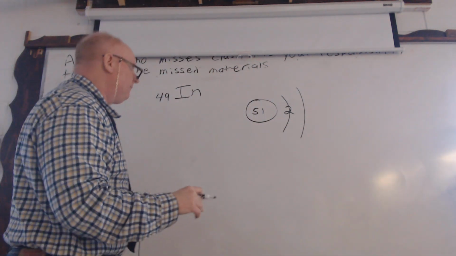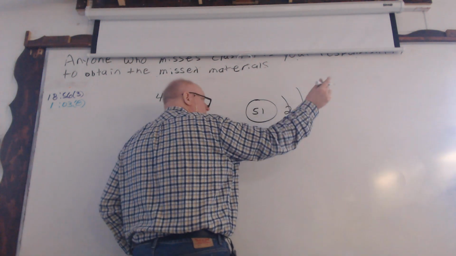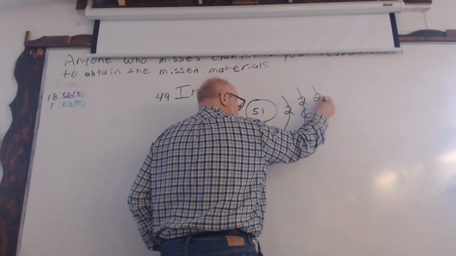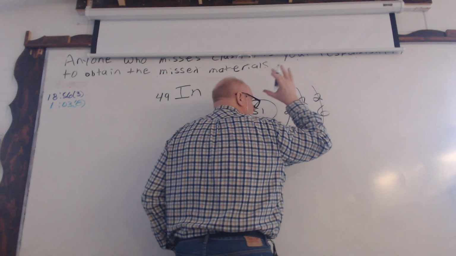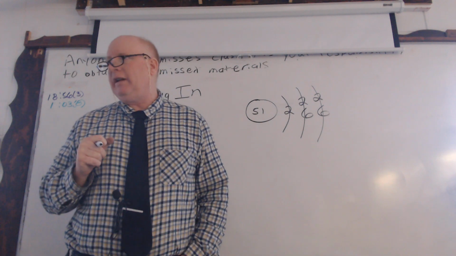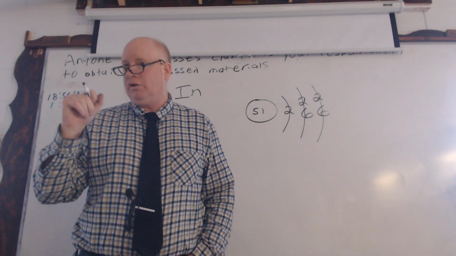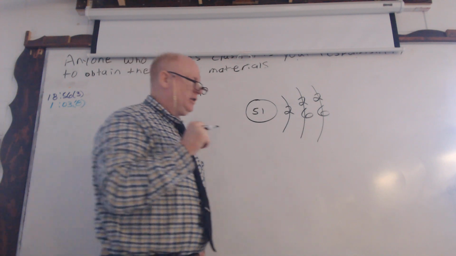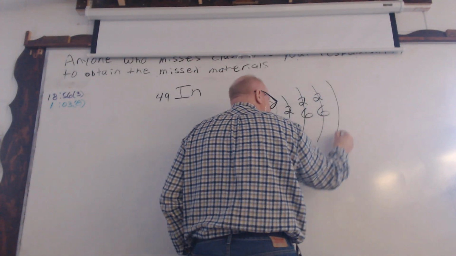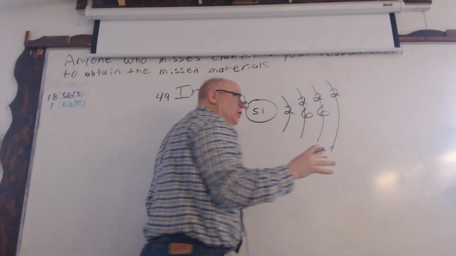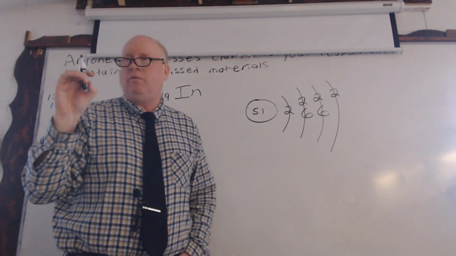Okay, 49. 1s2, 2s2, 2p6, 3s2, 3p6. Something special happens after 3p6. What is that? Your slide rule tells you that. Yes, you have to go to the 4th energy level, and that's 4s2. Then the slide rule tells you what?